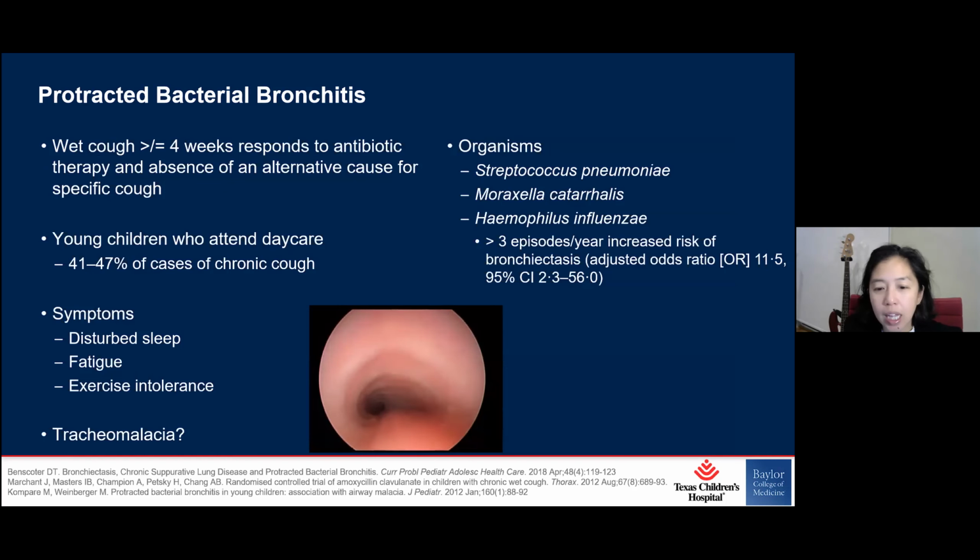And then the other question, for which I really only could find one paper, but I will say clinically our pediatric pulmonologists do: if we diagnose the patients with tracheomalacia, they have a lower threshold to treat with antibiotics than they will for otherwise healthy kids, and to do these longer protracted courses, because they feel that these children are at additional risk for developing PBB.